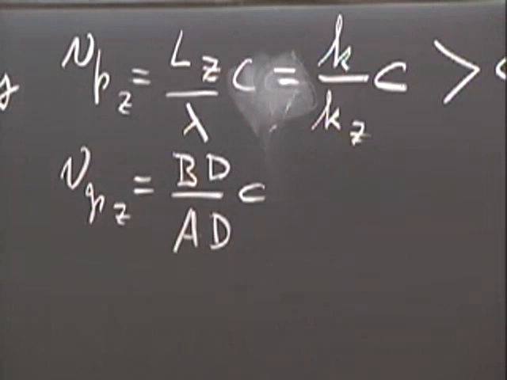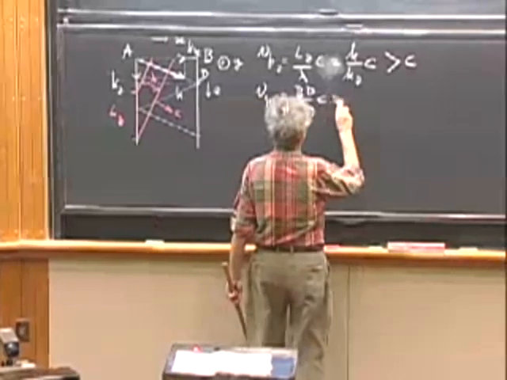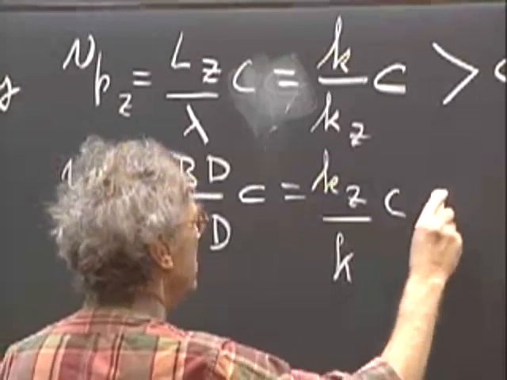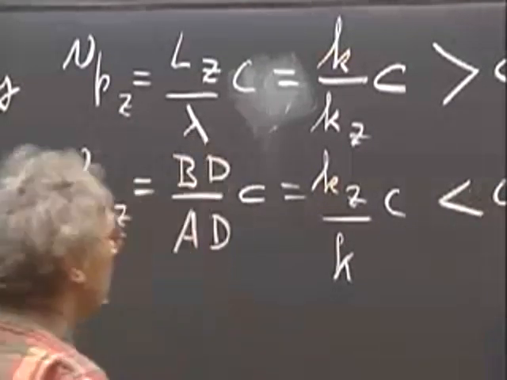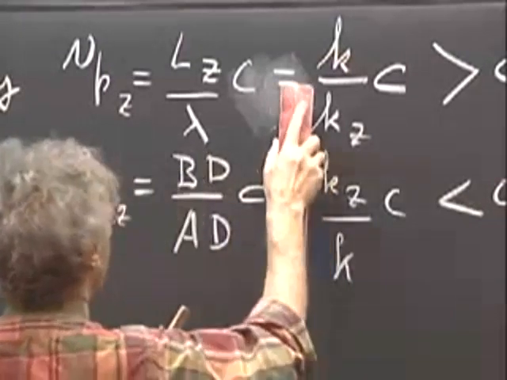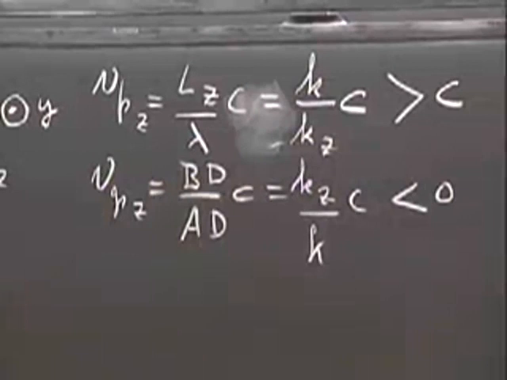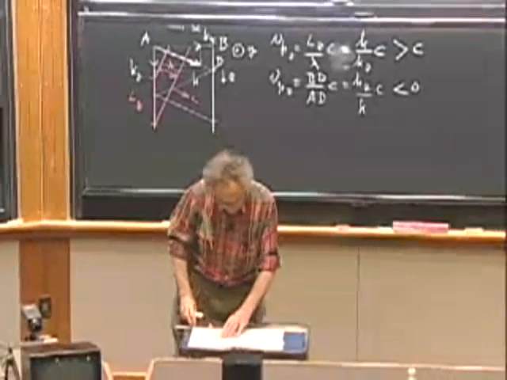And that follows from this geometry. That equals kz divided by k times c, and that is less than c. And it better be less than c, because you can just see how difficult it is for this wave that reflects to work its way through in the z direction.